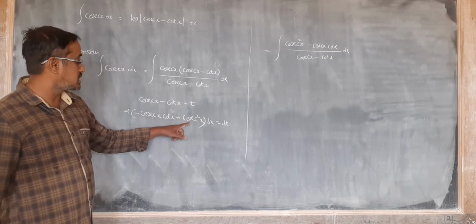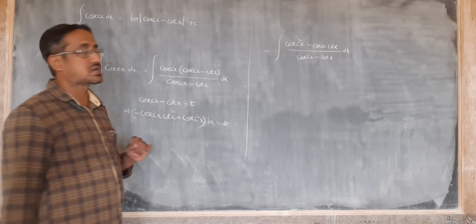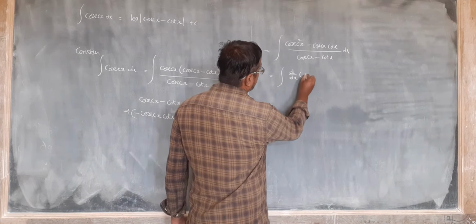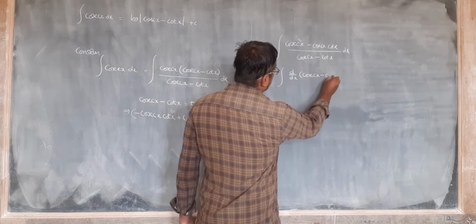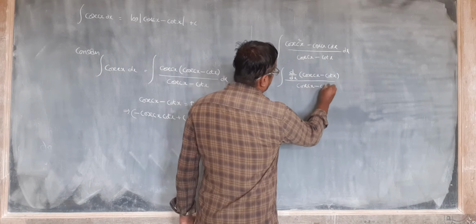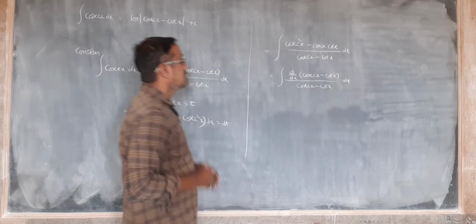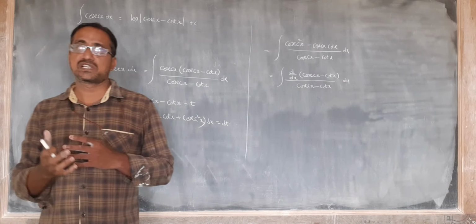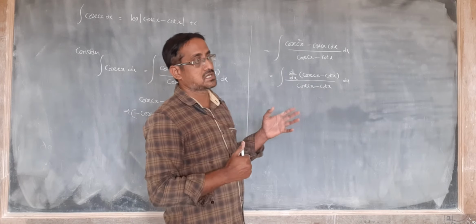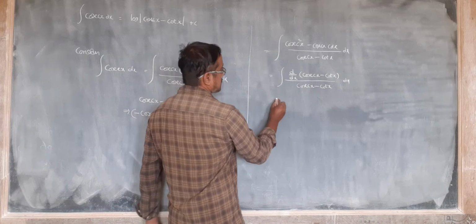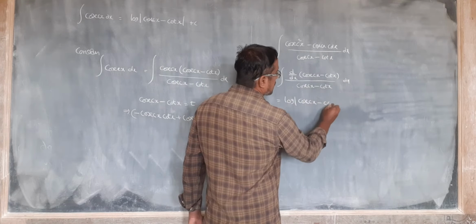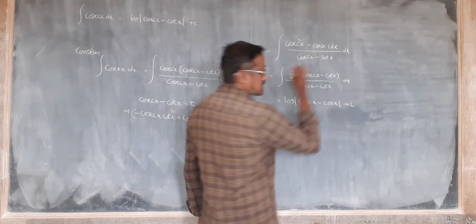So this can be written as integral d by dx of cosecant x minus cot x by cosecant x minus cot x dx. Now this is of the form f dash x by f of x, which gives log mod f of x. So you will get log mod cosecant x minus cot x plus c. That is the result.